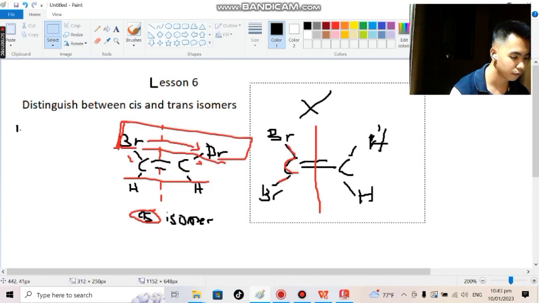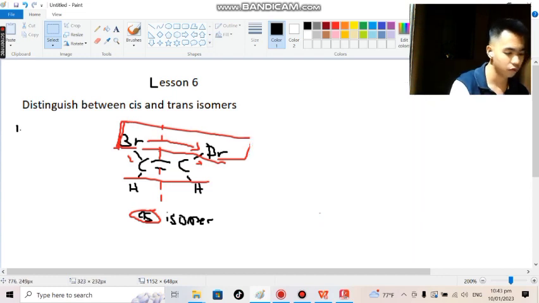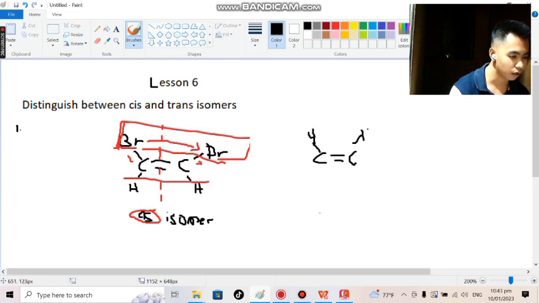So another example, let's say for example that our ethane has an H and our bromine is transported in the lower part. So are they going to be called a cis isomer still? The answer is yes, because they're still on the same side.